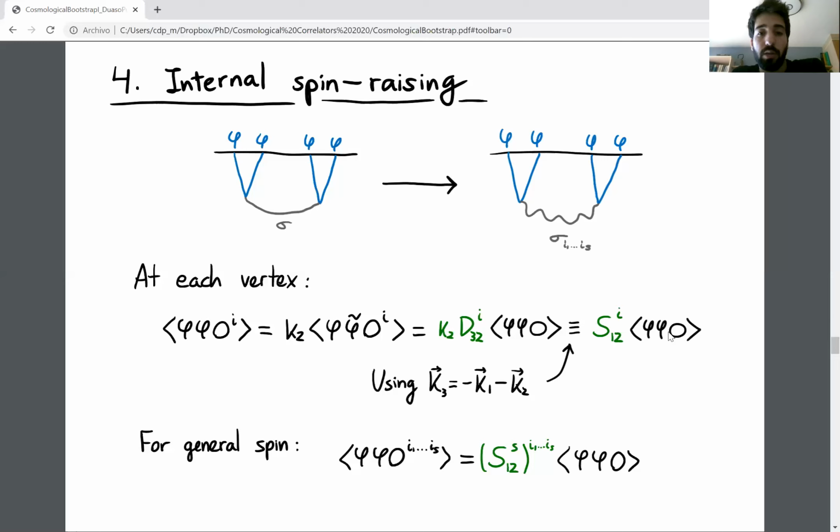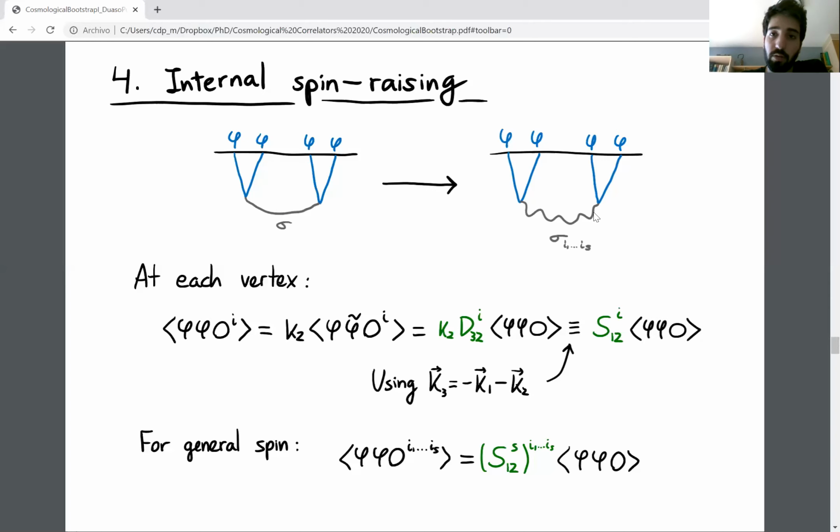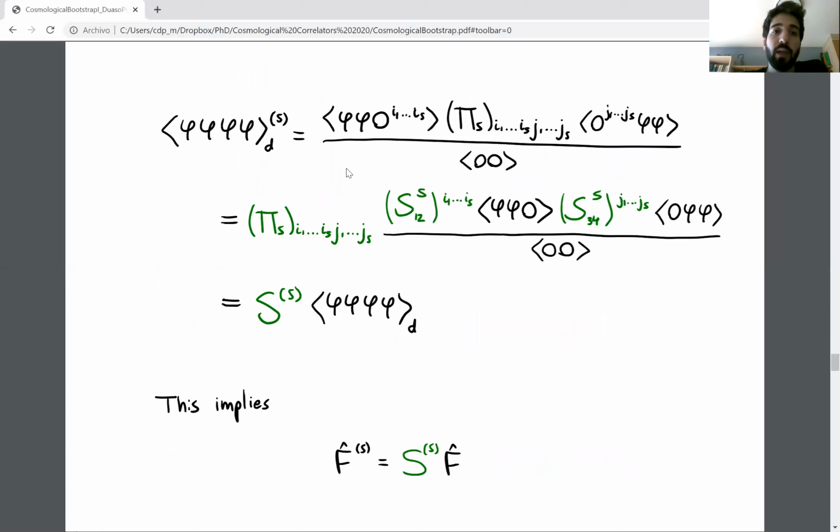All right, so this was for spin 1, but it can be done for general spin just by applying this operator the number of times S that we need. Okay, so now that we know this, we can take the disconnected part of the 4-point function. For example, this is the 4-point function that corresponds to the scalars exchanging a spinning field.